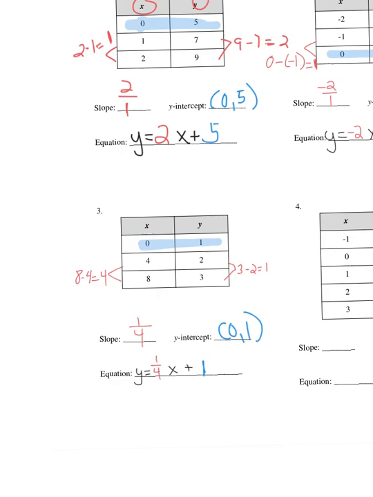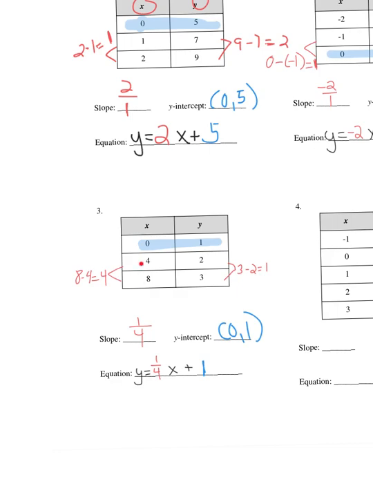On to this one. My y-intercept is 0, 1. It's when x is 0, y is 1, so my intercept is 0, 1. Slope is my change in y, the difference. So y number 2 minus y number 1, 3 minus 2 is 1. So my 1 is there. For my change in x, x number 2 is 8.